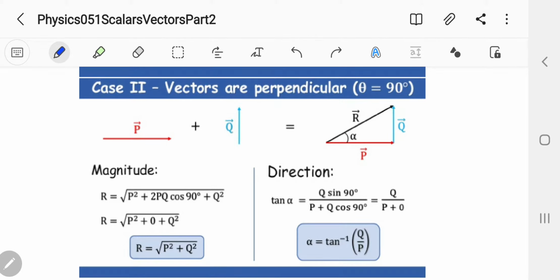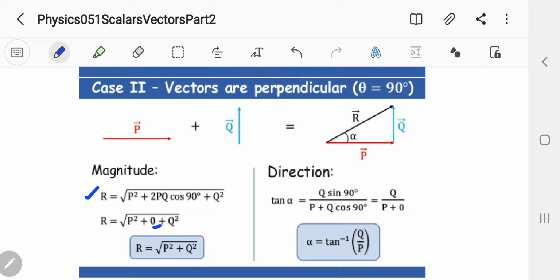You can just substitute 90 degrees in the formula for the magnitude, and you get r equal to the square root of p squared plus q squared, because cosine of 90 is equal to 0, so the middle term is 0.